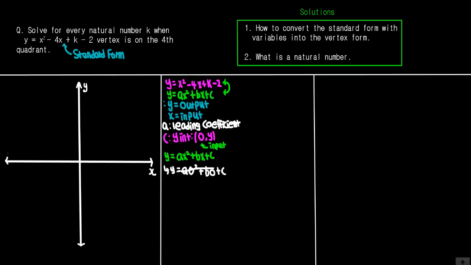Every term that contains the x value turns into 0, and we have c is equal to y. So c is the case when x is equal to 0 and our y value is c. That's why we write c as the y-intercept in standard form.